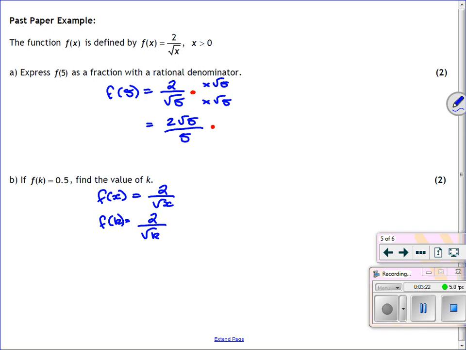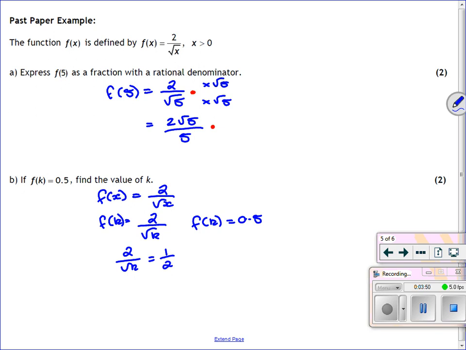And if I also know that f of k is equal to 0.5, then it has to follow that 2 over root k is equal to that 0.5. I'm just going to make it into a half, just to make it that little bit simpler for us to work with.